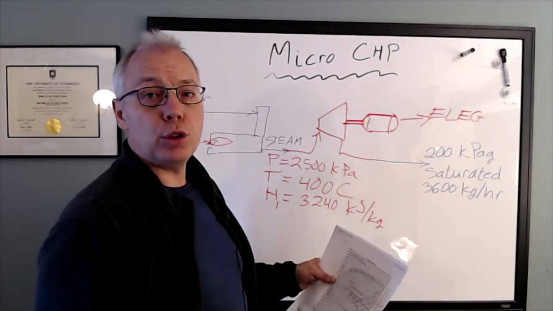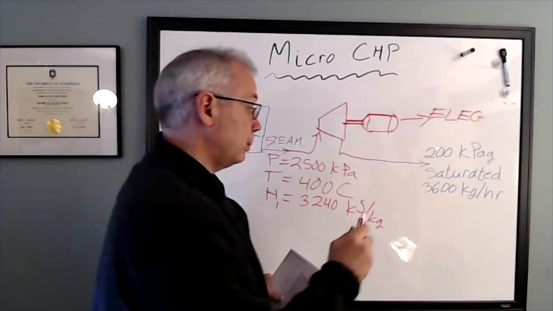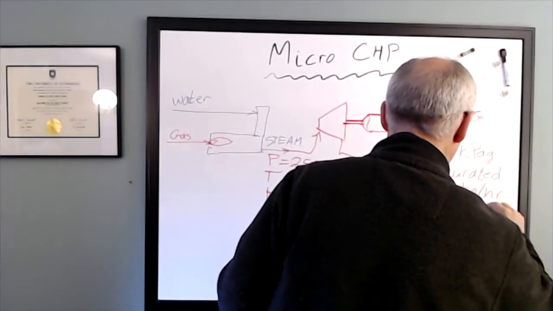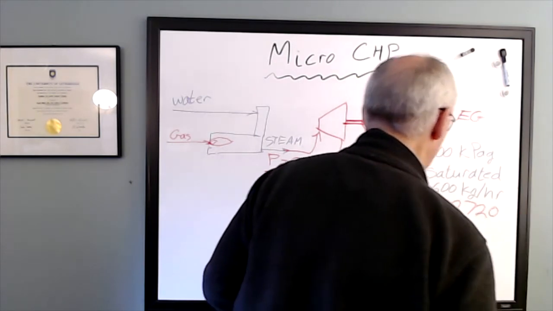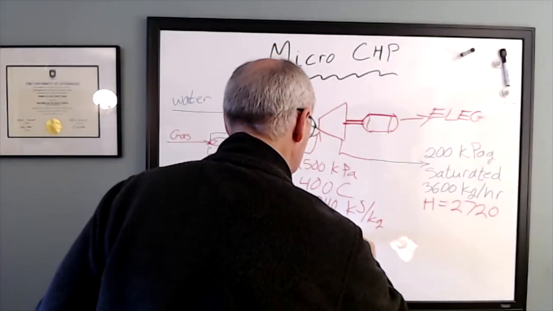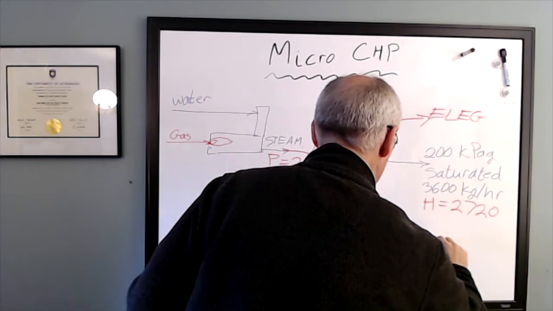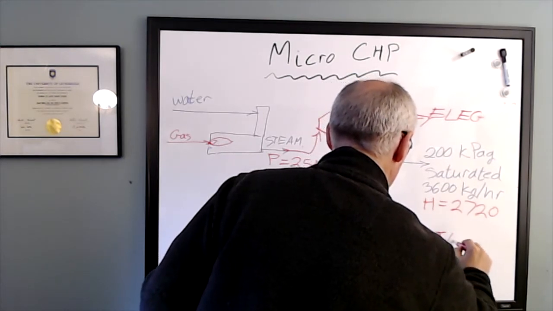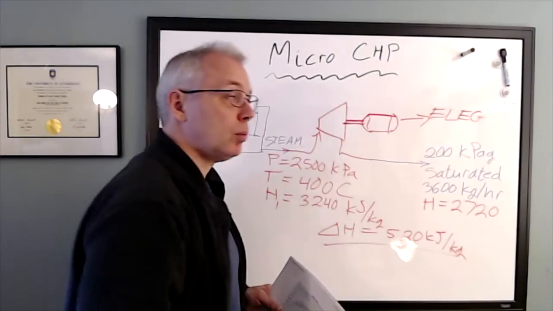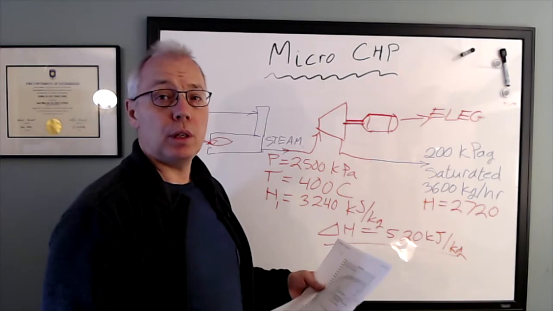The outlet conditions have an enthalpy of 2,720. And that means the enthalpy difference for an isentropic process would be 520 kilojoules per kilogram.